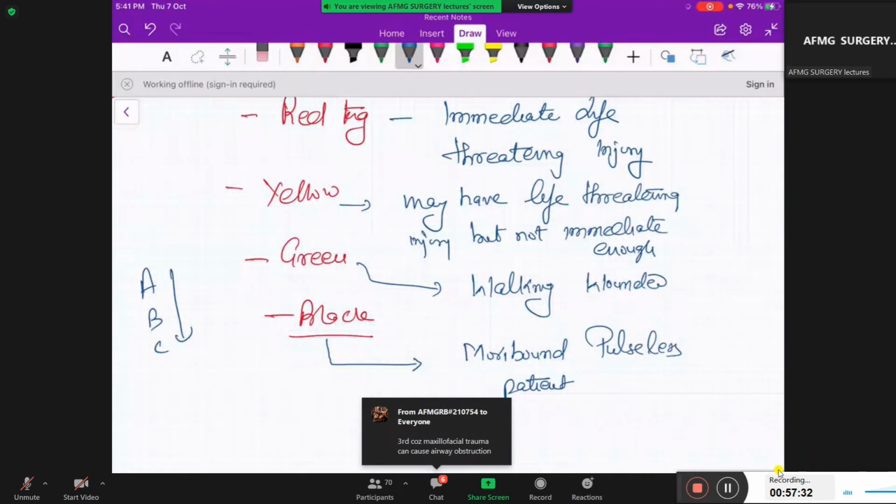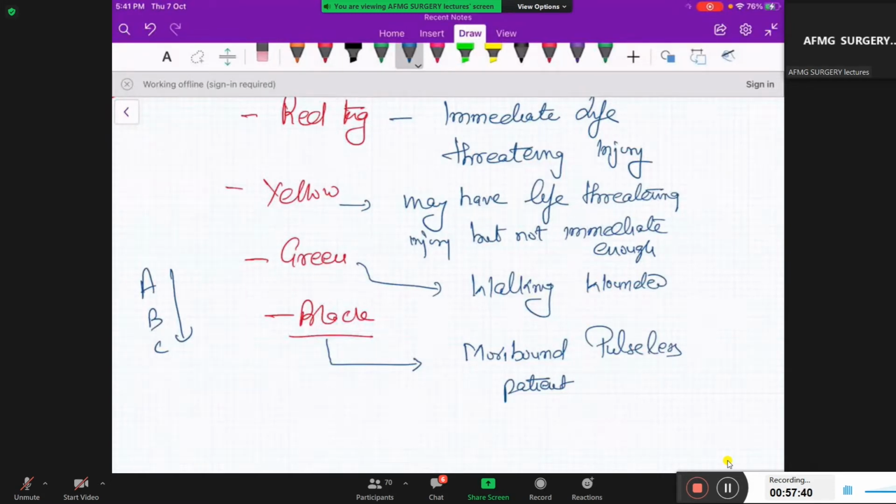Because he has a severe maxillofacial trauma, his airway is compromised. Now, triage, important, is a dynamic thing. Once you have taken care of a red tag patient, your yellow tag patient should become red tag.